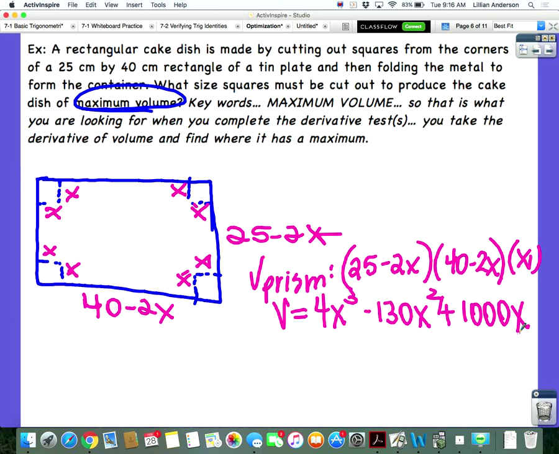Now we can go on to step 3, which says find the first derivative, set it equal to 0, and then determine our maxes and our mins. Okay? So go ahead and do that. You're going to find the derivative, set it equal to 0, find my solutions, and then using one of the two tests, either first derivative or second derivative, determine which value gives us the max.